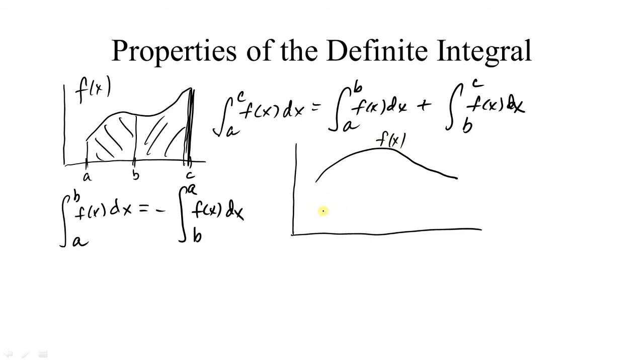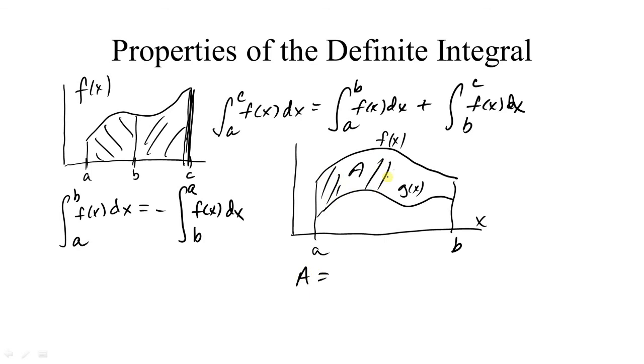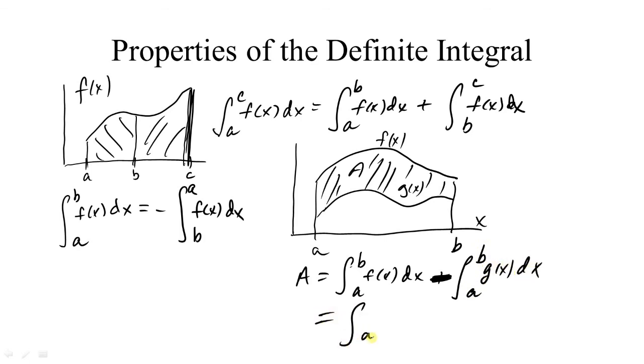If you had a function f of x and then a function g of x, both going from A to B, and suppose you wanted to know the area between the curves, that's the area here between the two boundaries, it's just going to be the integral from A to B of f of x dx minus the integral from A to B of g of x dx, which is simply equal to the integral from A to B of f of x minus g of x.